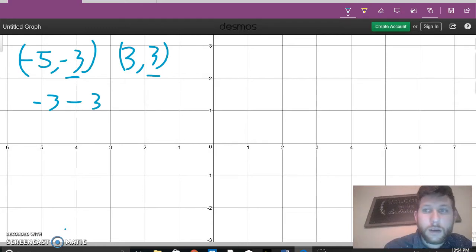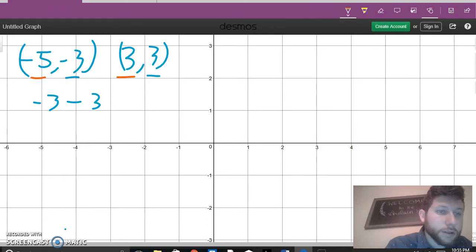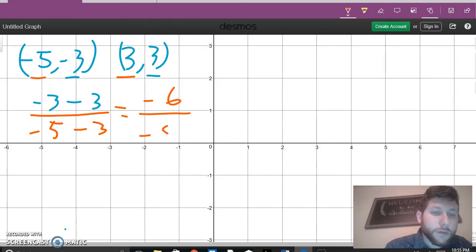Then we're going to put all that over our x's. Our y's are our rise, our x's are our run. -5 minus 3. And this comes out to -6 over -8. And this is going to reduce down to 3/4, just like before.